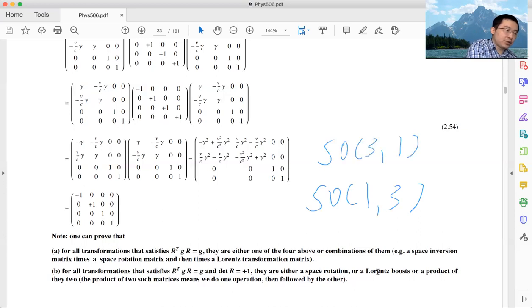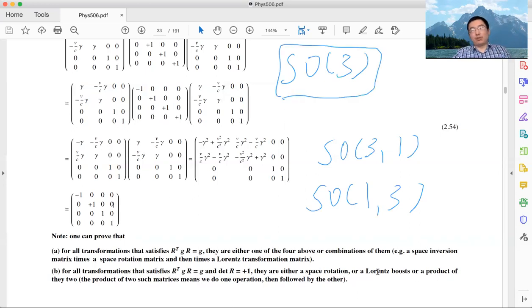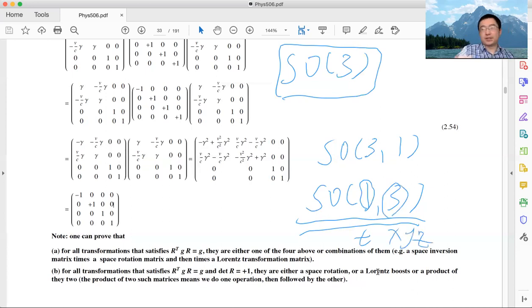Okay, so in 3D rotation, the rotational group, the Lie group, is called SO(3). 3 here means 3D space rotation. And in special relativity, in the 4D space, the rotation is called SO(1,3). 1 here means there's 1 dimension of time. 3 here means there are 3 dimensions of space, x, y, z.